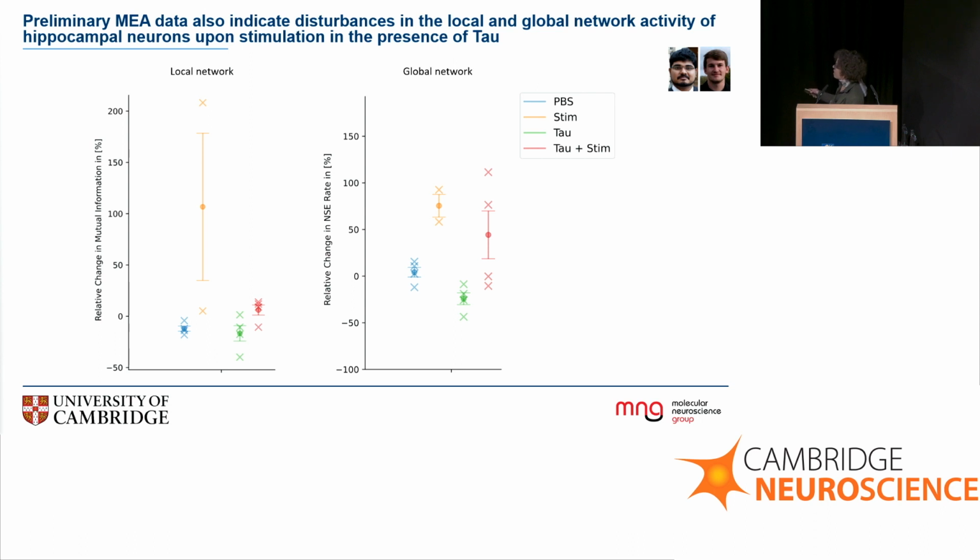There is a trend that there is a disturbance when we treat the cells with tau and stimulation, but not just by the treatment of tau itself. So this confirms the data that we see with the patch clamp analysis.